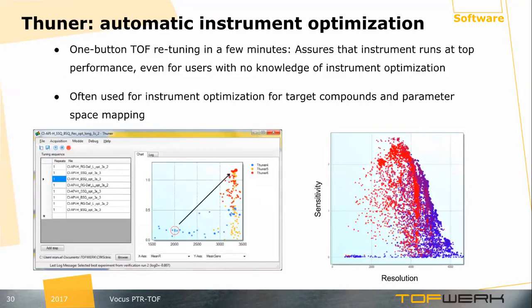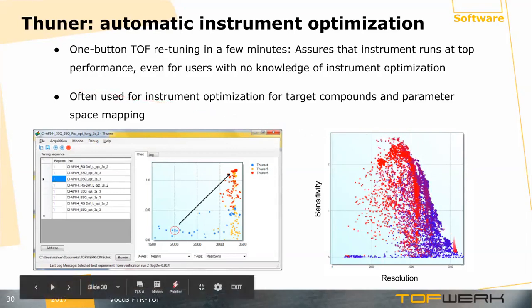So the first thing you would need to do is optimize your instrument for the target compound. So let's say you wanted to optimize to alpha-pinene, you could set up Thuner, which is a piece of software that comes with the Vocus, to optimize the instrument voltages and tuning to optimize the sensitivity of this compound. And it's a quite powerful piece of software for mapping out the parameter space you have to operate in.